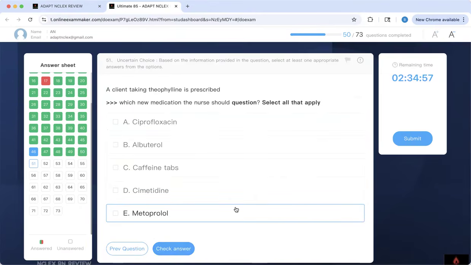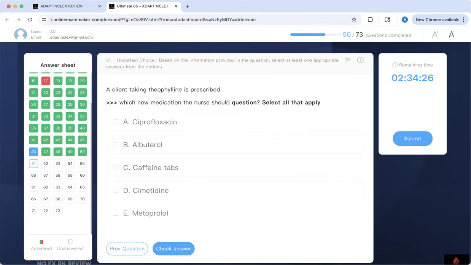A client who is taking warfarin is prescribed a new medication, the next question. That means you shouldn't take this medication together with warfarin. Ciprofloxacin, albuterol, caffeine tabs, cimetidine, metoprolol. There's a concept here. Pharmacology. If you need more, check Adaptation class. A bunch of pharmacology case studies, questions that will make this question easy for you.